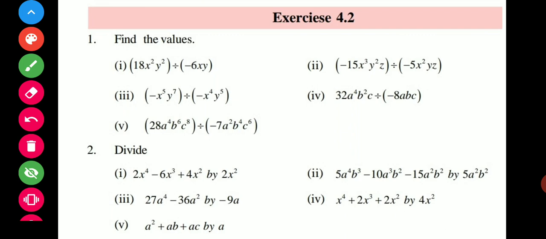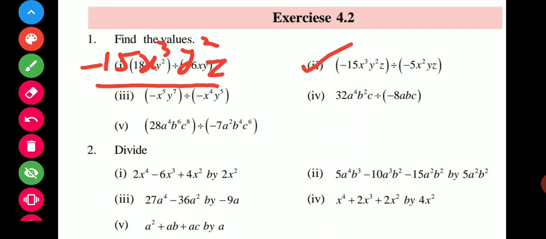Now come to the second part. What happened? Minus 15 x cube y square z, divided by minus 5 x square y z.